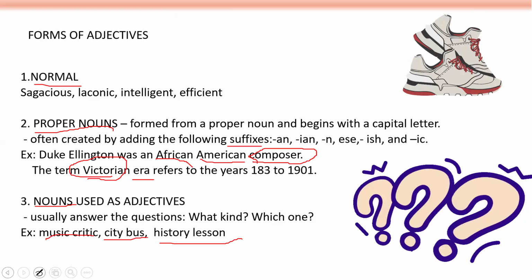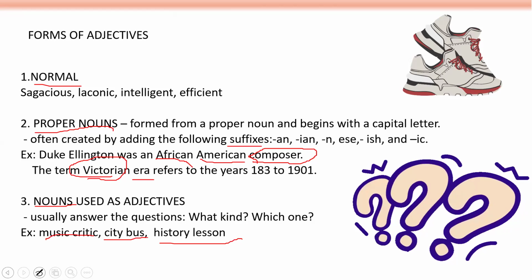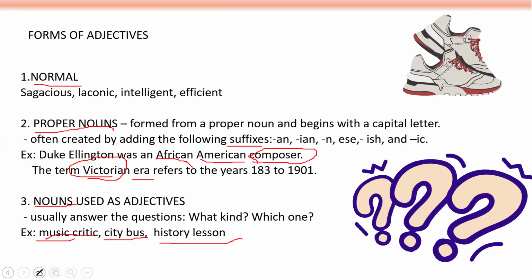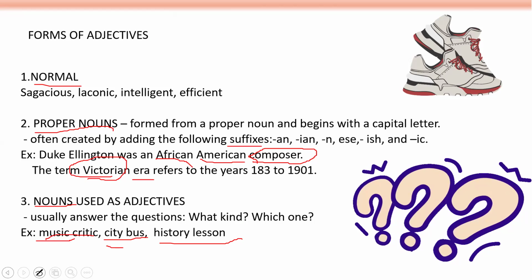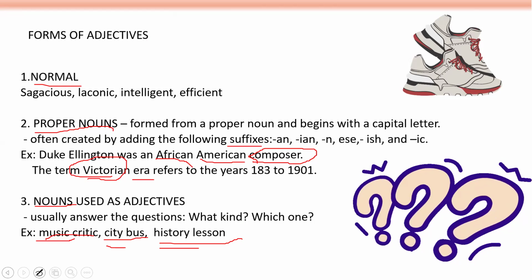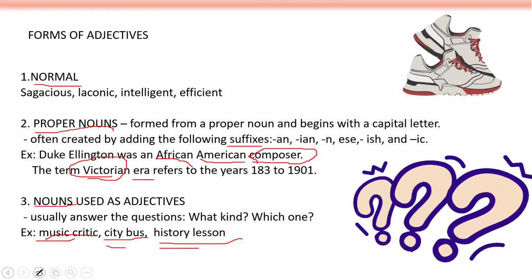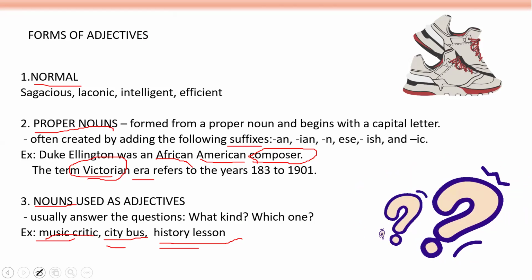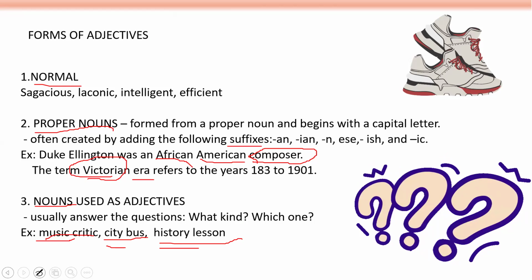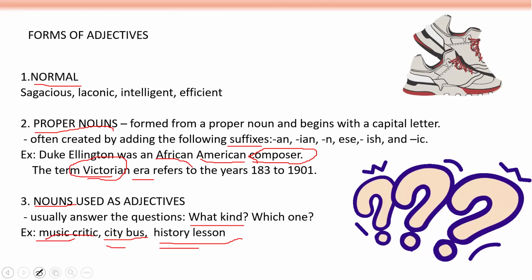The word music, it's a noun itself. The word city, it's a noun. History, it's a noun, it's a subject, right? But in order to give you a more precise description of each noun, you can add nouns as adjectives as well, because it still answers the question, what kind and which one?